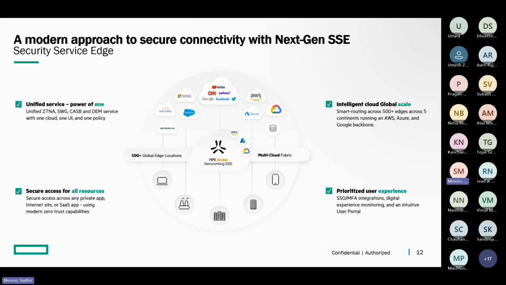We are a born-in-cloud company as far as SSE is concerned. Because we are born in cloud, we have leveraged some of those cloud-native technologies to enhance the performance of SSE while also providing security. Like I said, security is a de facto thing, but we also enhance the performance of SSE. How? That is what this slide calls out.